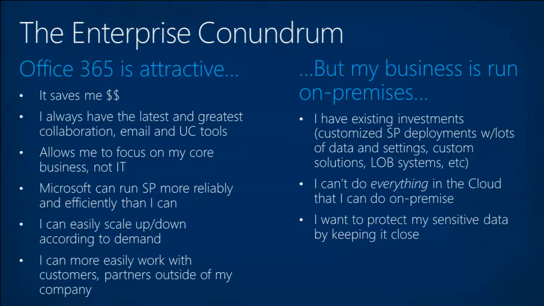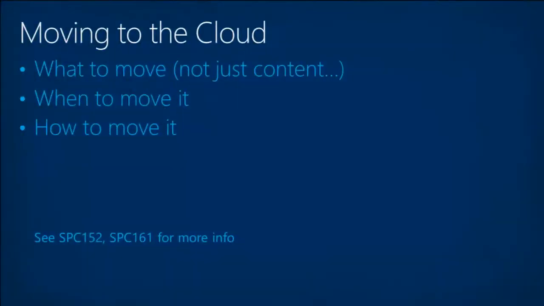So the thing they've struggled with is how to get the benefits of the cloud without being bogged down by all these other ground realities. What I'm going to talk about in this session is a way that we think can be used to get the benefits of the cloud, but not have to give up on-premises for those cases where it makes sense not to move some of your stuff off on-premises and into the cloud. And that's what I'm going to be talking about for the session.